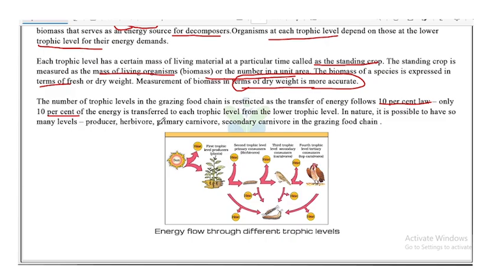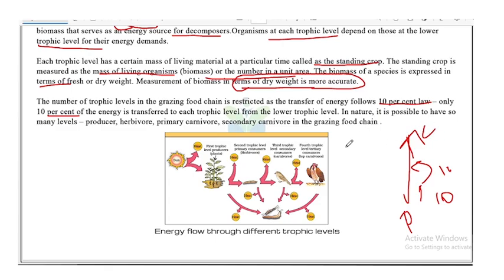So this is the 10% law: as one moves from the lower trophic level, that is from producer to top carnivores, only 10% of the energy is transferred to each trophic level.